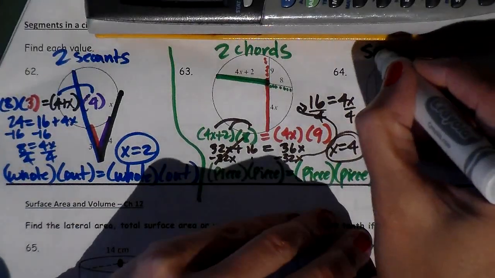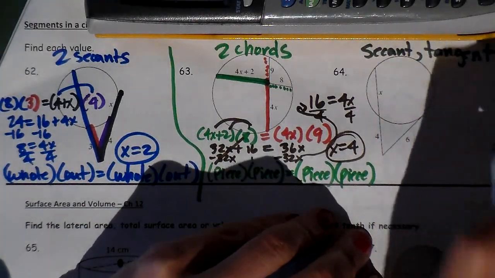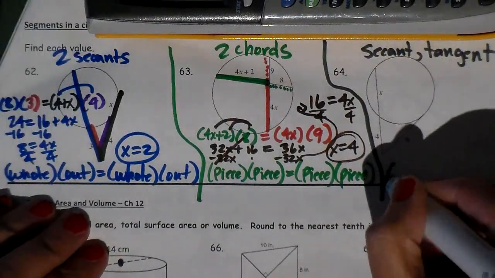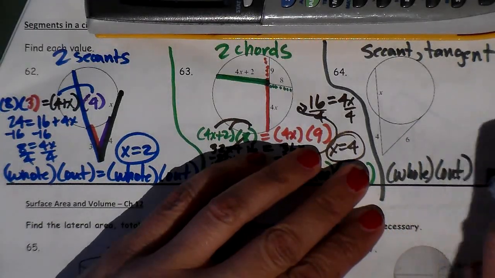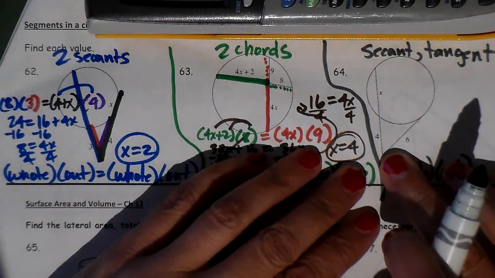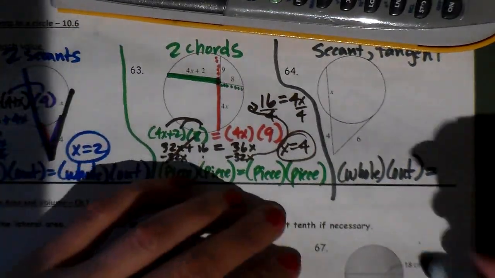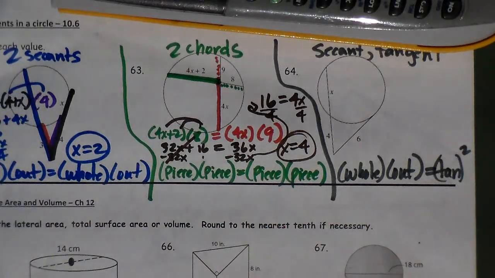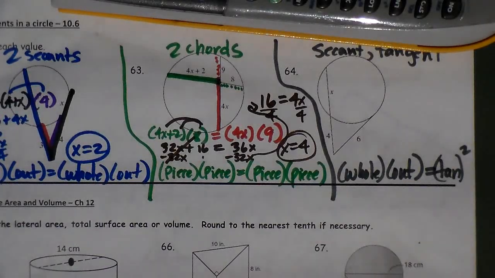Here I have a secant and a tangent. Okay? Now with a secant and a tangent, remember a secant is always what? Whole times outside. But a tangent, if you notice, whole and outside are the same. So the tangent is just the tangent squared, because 6 is whole and 6 is outside.